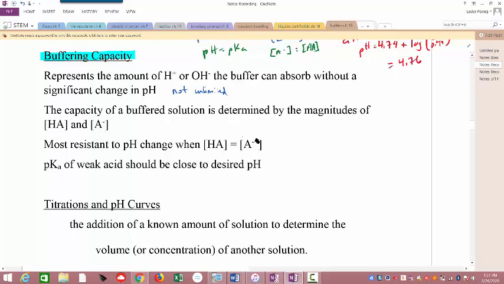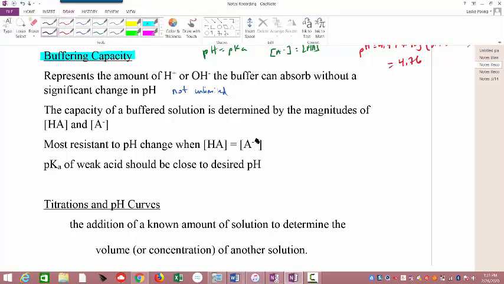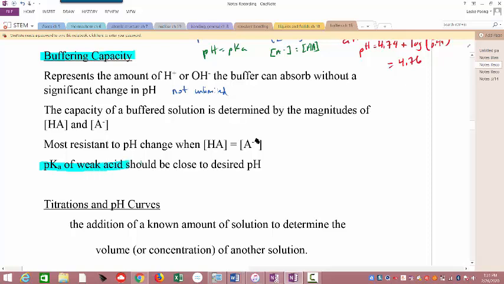So when HA and A minus are equal, we're more resistant to pH change, and the pKa of the weak acid should be close to the desired pH.